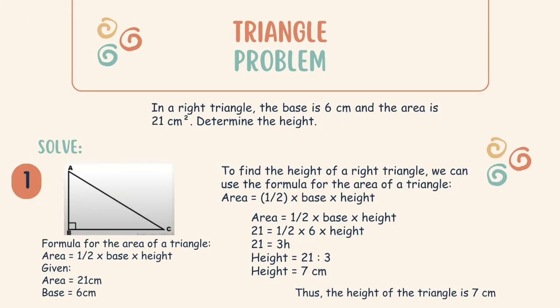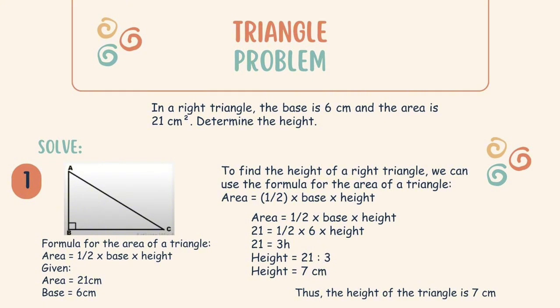For example, a triangle problem. The question is: in a right triangle, the base is 6 cm and the area is 21 cm squared. Determine the height. To find the height of a right triangle, we can use the formula for the area of a triangle. The formula is 1 over 2 times base times height.